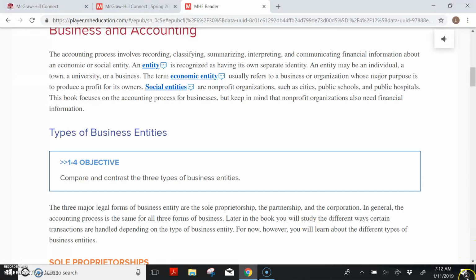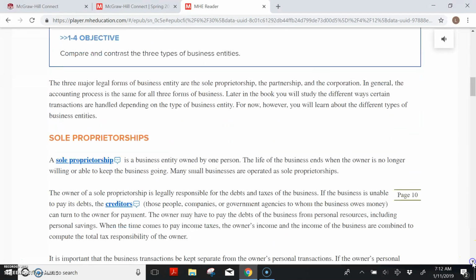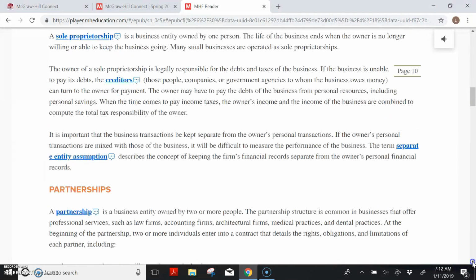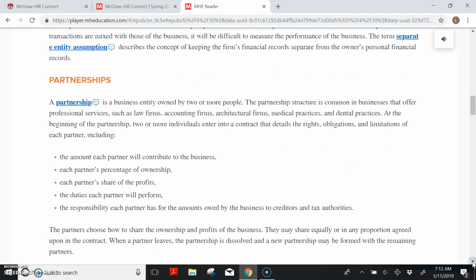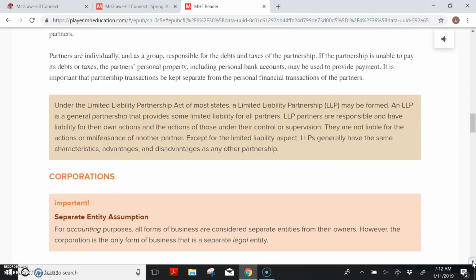Those are the sole proprietorship, partnerships, and corporations. They are well discussed and well defined on pages 9, 10, and 11 of the chapter.